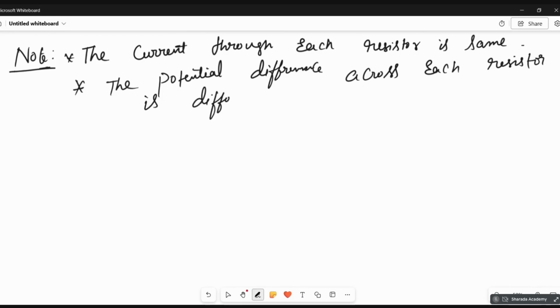Potential difference, potential, or voltage, everything indicates the same meaning. So in a series circuit, current through each resistor is the same, but potential difference across each resistor will be different. That is a key point you have to remember in this series circuit.